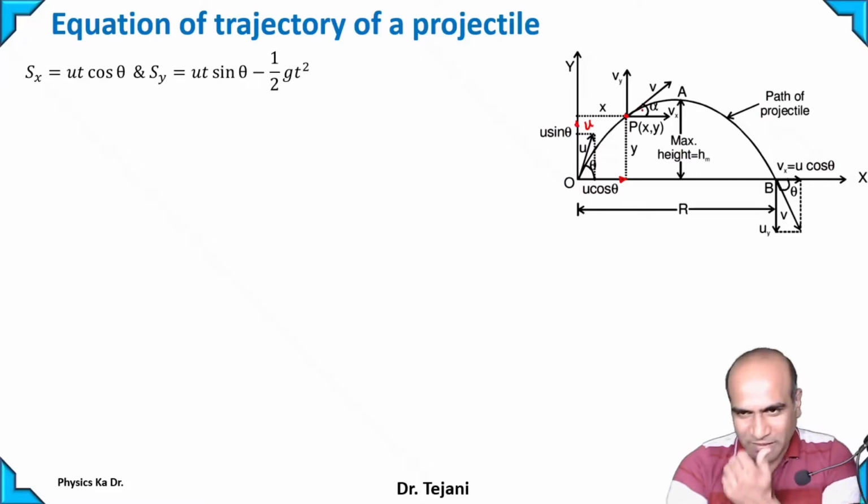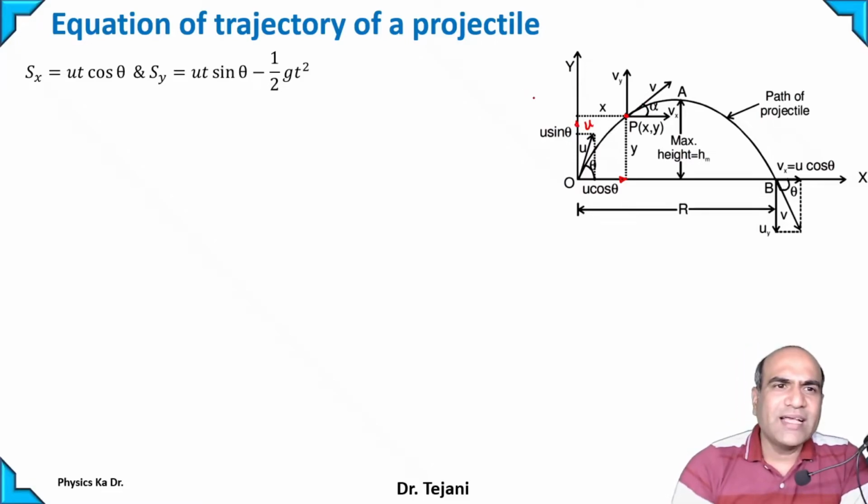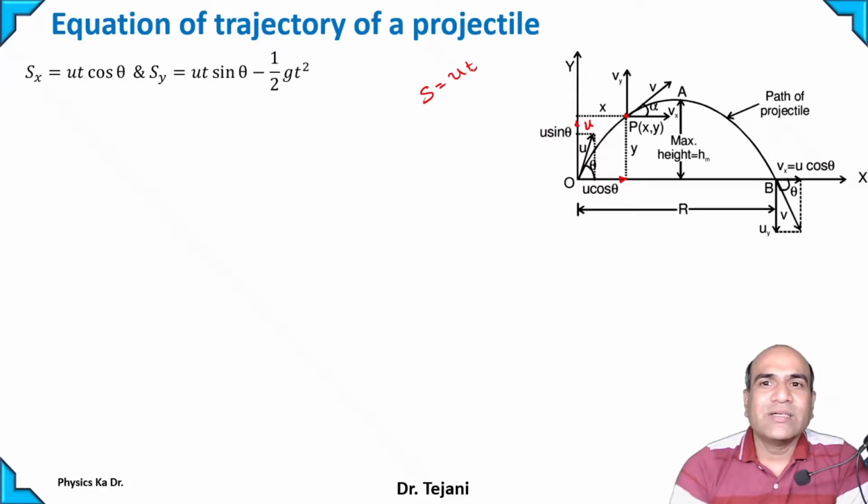So here we already derived that the general equation is s is equal to ut plus 1 half gt square.